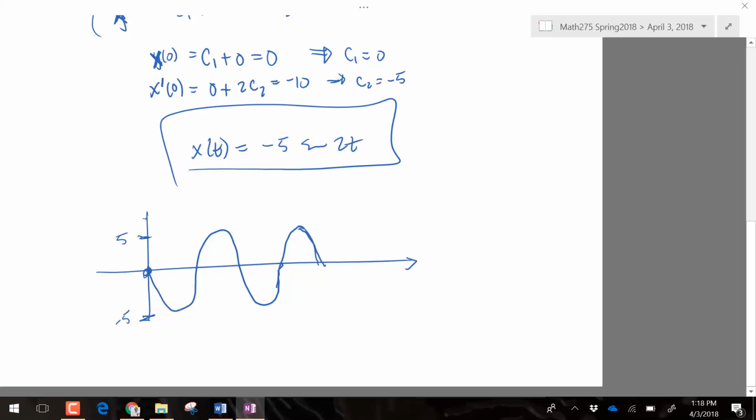Just look at this upside down. So this is going up if you go this way. Well, that's what they do in physics, don't they?